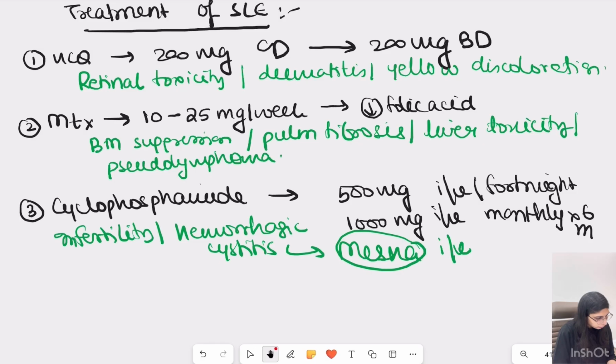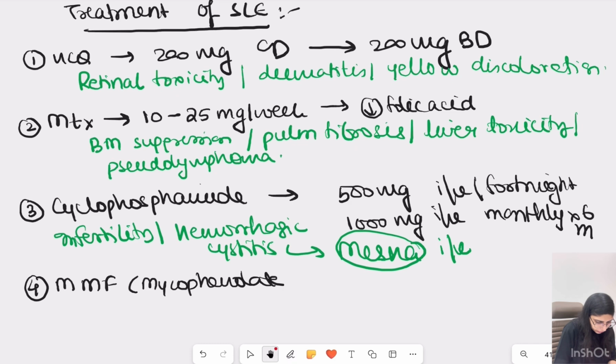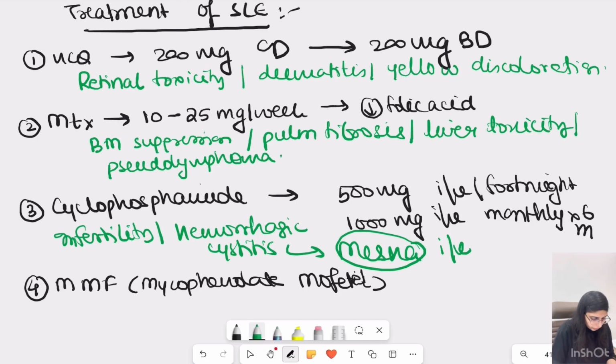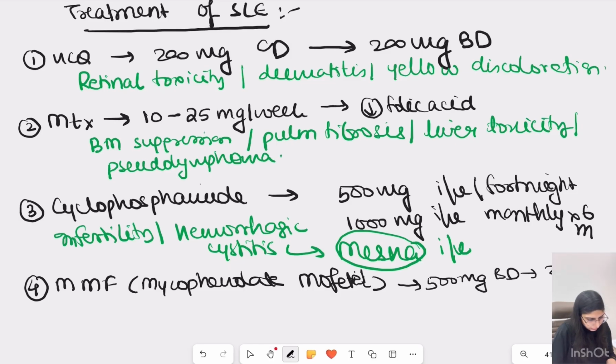Moving on to MMF, mycophenolate mofetil. So mycophenolate mofetil, the dose that we start with is 500 milligram twice a day, and we can go up to 3 grams in a day.